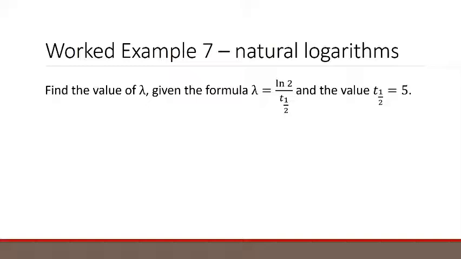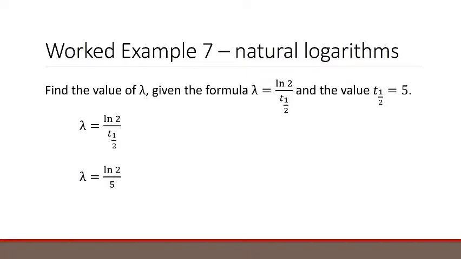And the value t with a subscript a half is just like we saw before with any pronumeral with a subscript. It's just a way of identifying something called t a half. So we're going to simply substitute t a half for 5. So here's the formula. And when we do substitute, the top line is a number, natural logarithm of 2.